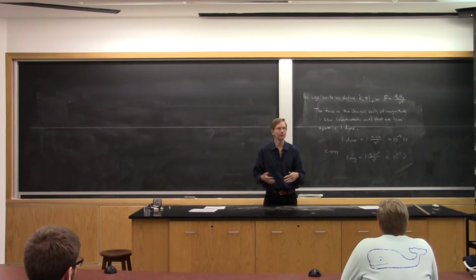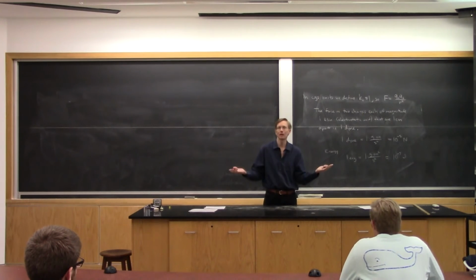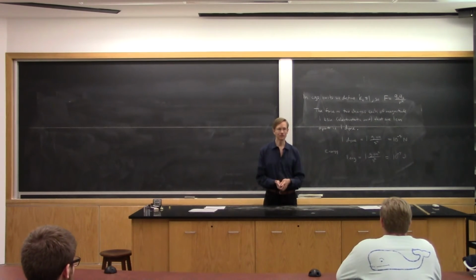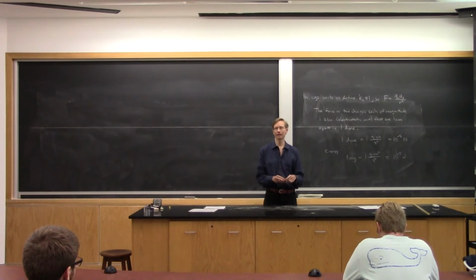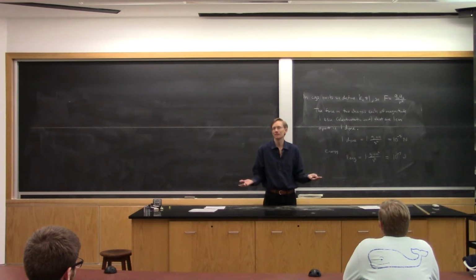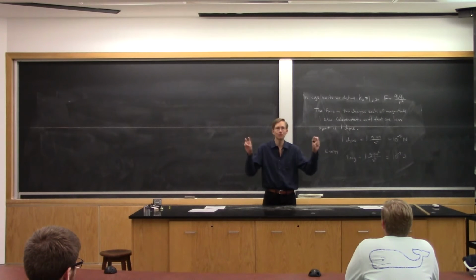In CGS units, you don't even bother with this epsilon naught thing. You just say that the dielectric constant is epsilon. You don't even have to talk about relative permittivity because the permittivity, quote unquote, of the vacuum is 1, because there's no real reason to talk about the permittivity of the vacuum.